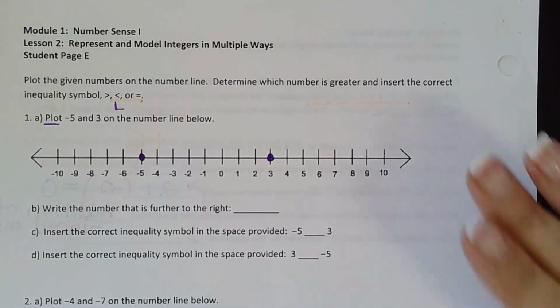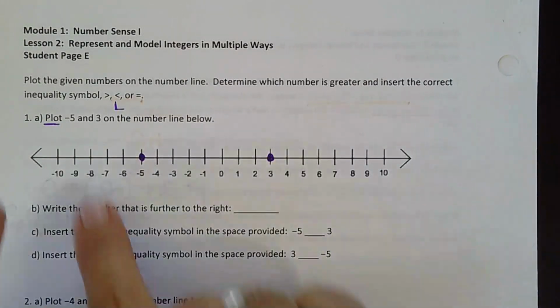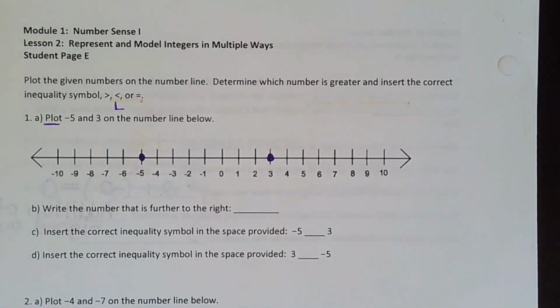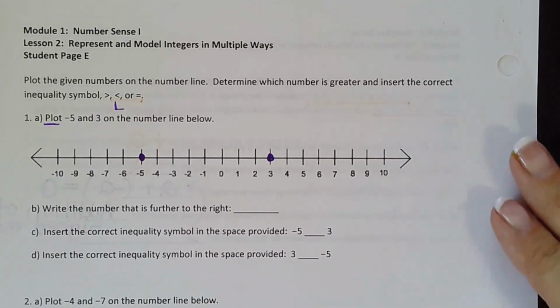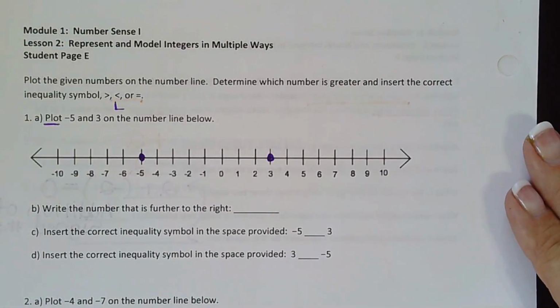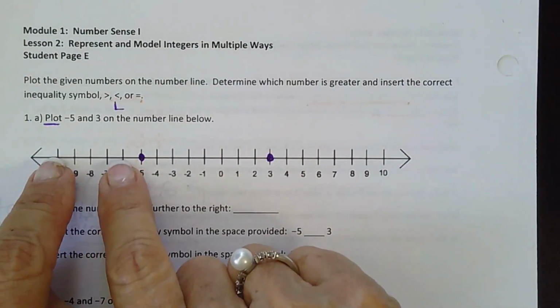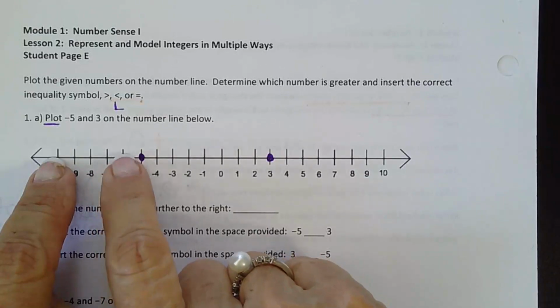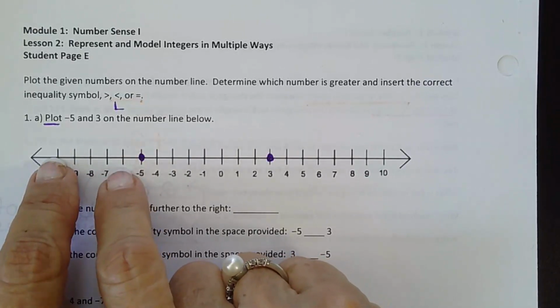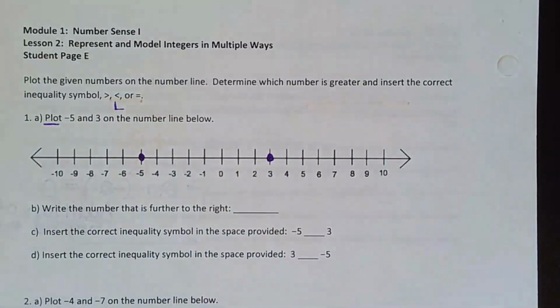Positive numbers are always bigger than negative numbers. But what if they're both negative? That's why you need to know this rule. Whichever number is further to the right on the number line, that will always be the largest number. So even when they're both in the negatives, -10 and -6, -6 is further to the right, so it's larger than -10.